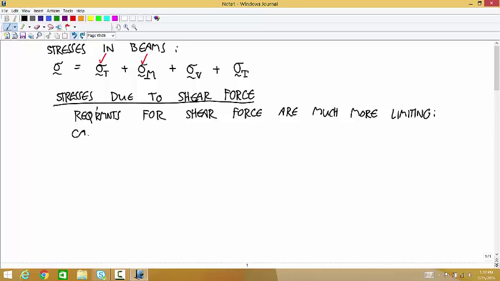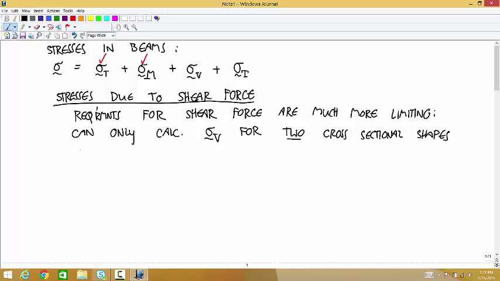We can only calculate the stress due to shear force for two cross-sectional shapes. The first is a rectangle.